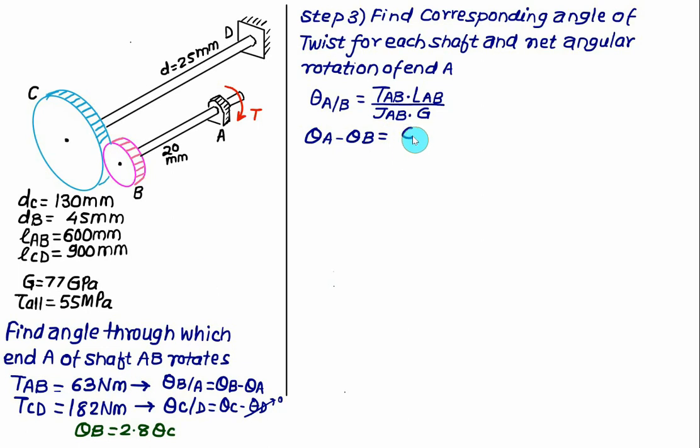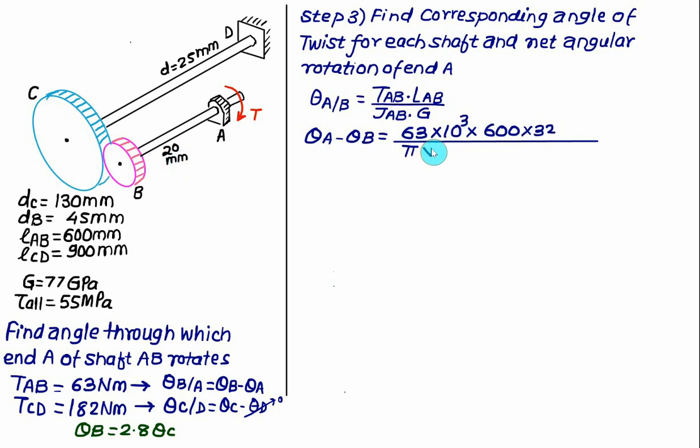So we have 63 Newton meter multiplied by 10 to the power 3 to get Newton mm. The length of AB is equal to 600 mm. The polar moment of inertia is pi divided by 32; the 32 shifts to the numerator, and we need the diameter of AB, which is 20.